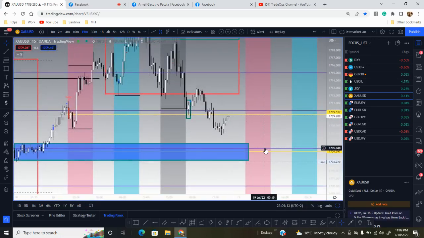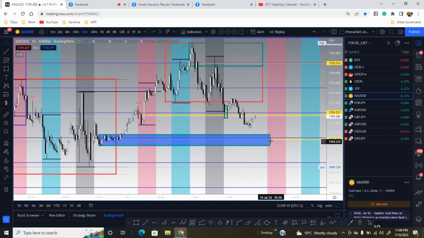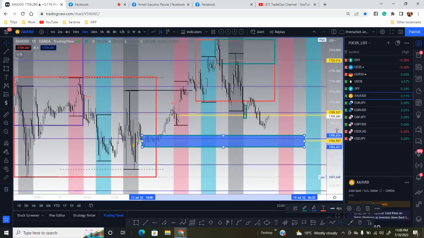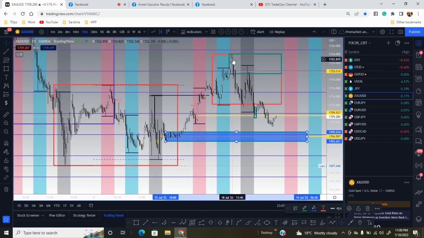And nandito rin yung round number 1705. So round number, very important, key level yan. So I'm looking for a bounce kasi ito yung lowest box, first box, second box, so level 2 price movement. So ngayon ang nangyayari is a pullback inside this first box.